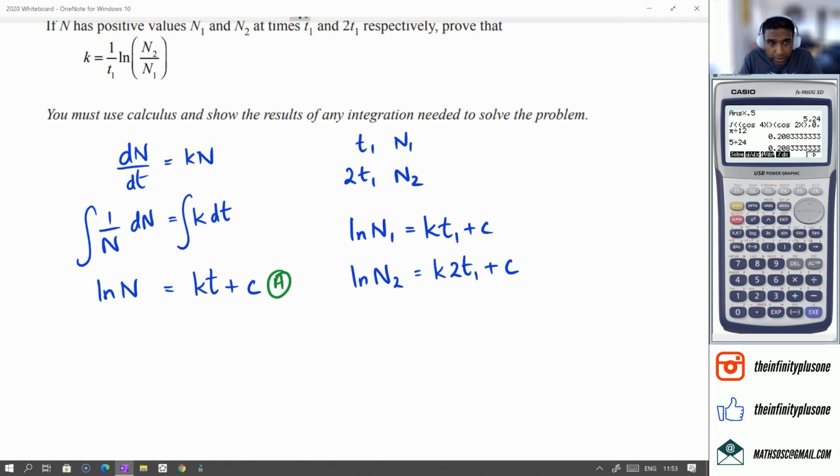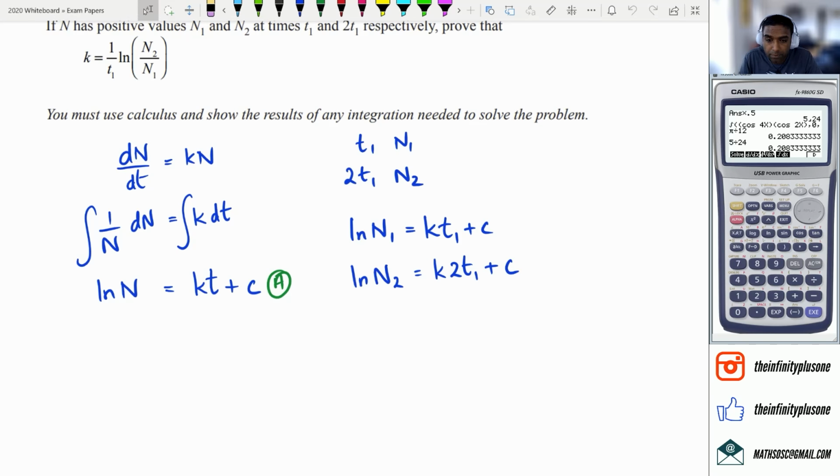Let's do it this way anyway and see what happens. Alternatively, you could also use rearrange and substitute if you want to. Whatever works for you. Let's do subtraction.